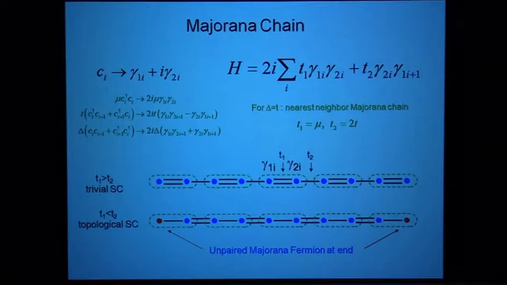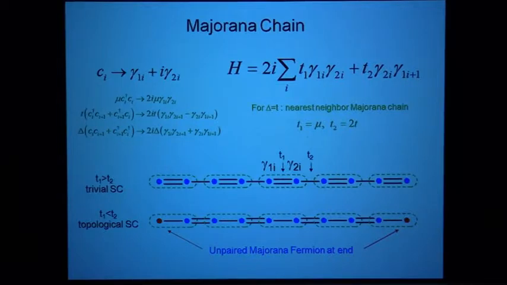And so the important thing is that there's a particular ratio between the superconducting term and the hopping term, which makes this Majorana problem just a nearest neighbor Majorana chain. Okay, where you just have the coupling between these Majoranas, and you have the coupling between these.